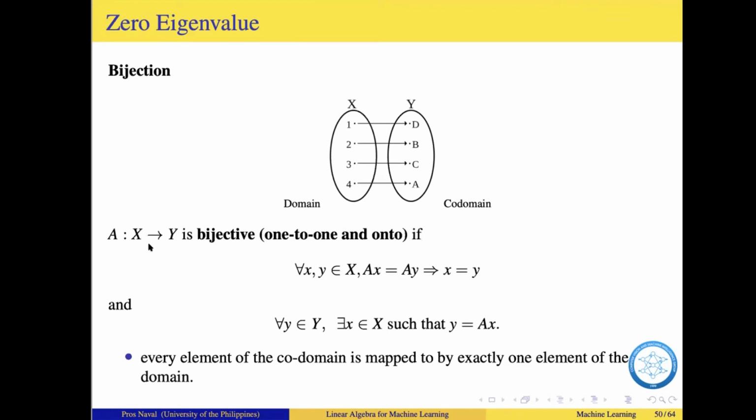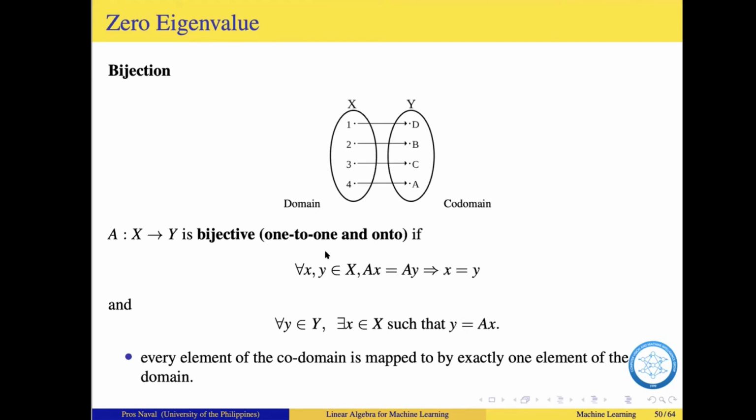So a mapping is bijective, or one-to-one and onto, if for all x, y in X, Ax equals Ay implies that x equals y, and for all y in the codomain, there exists an x such that y is equal to Ax.